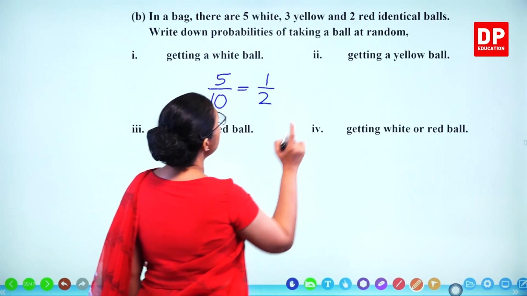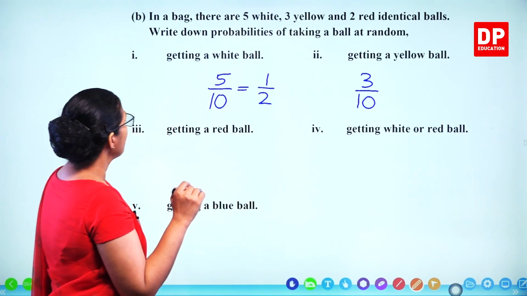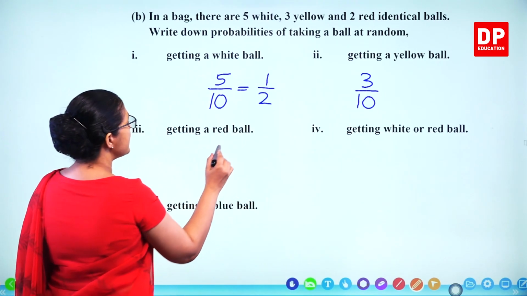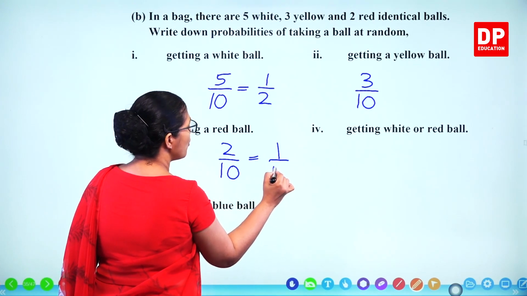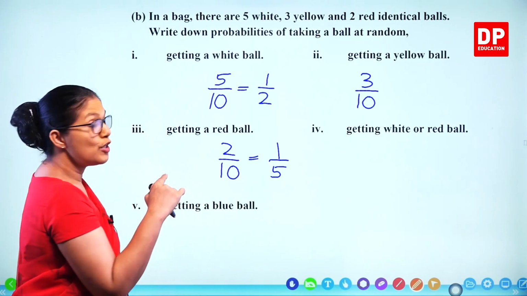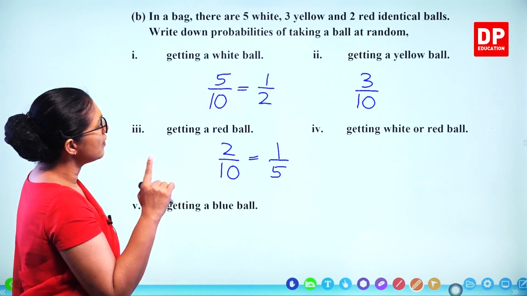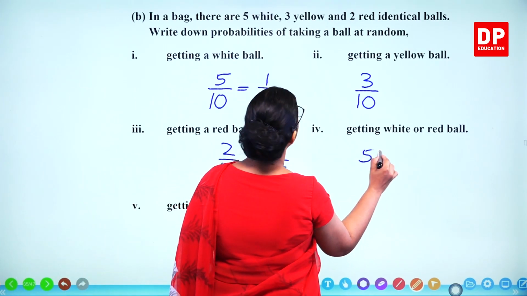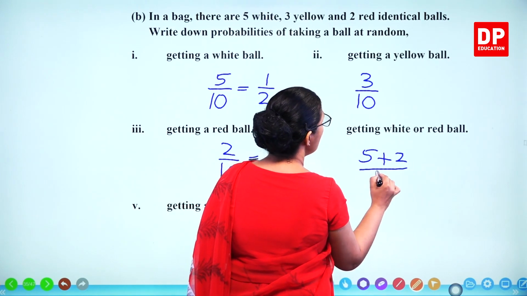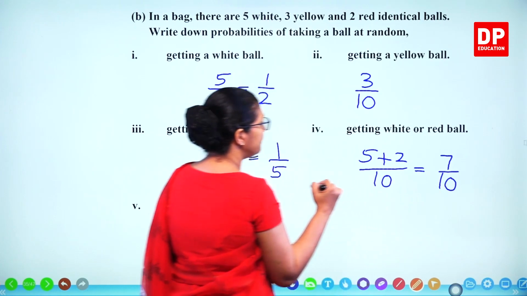Getting a yellow one, 3 yellows out of 10. 3 over 10. Getting a red one, how many reds? 2. 2 over 10. Or you can simplify and write 1 over 5. Divide both the numerator and the denominator by 2. Getting white or red. White 5, red 2, all together out of 10, that's 7 over 10.